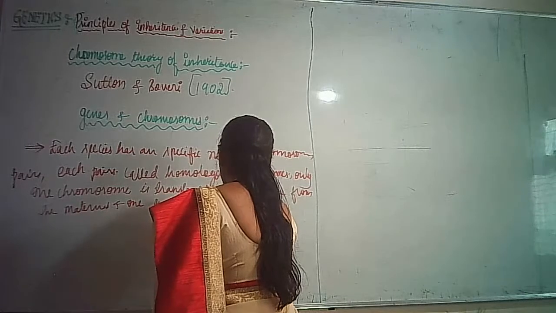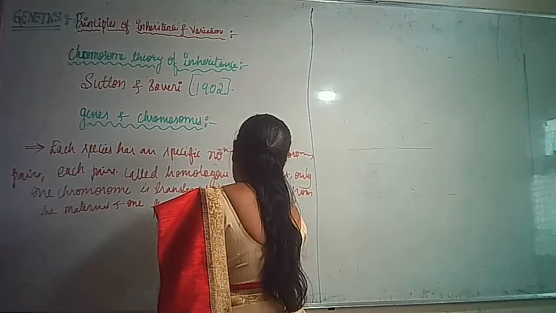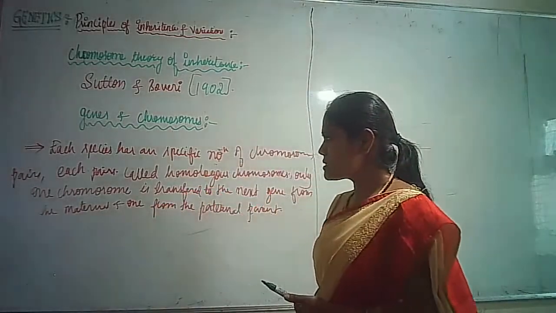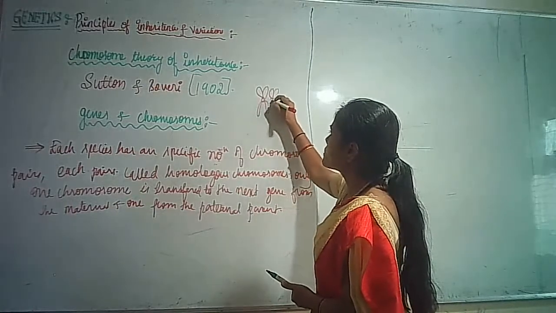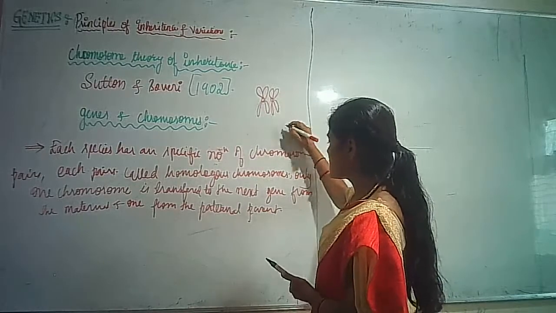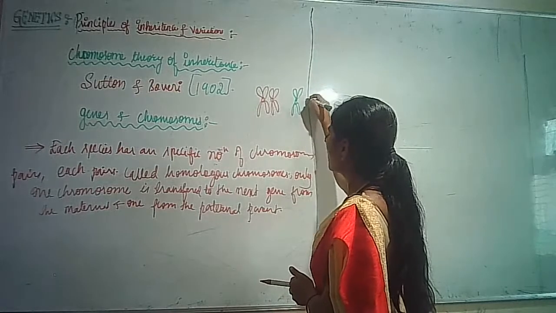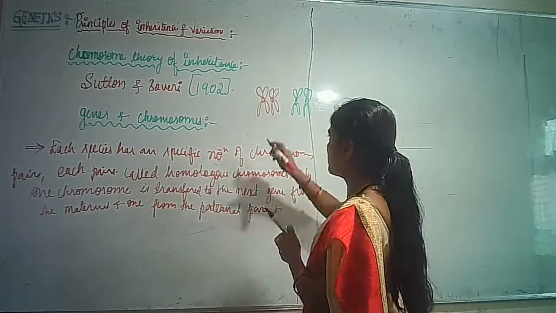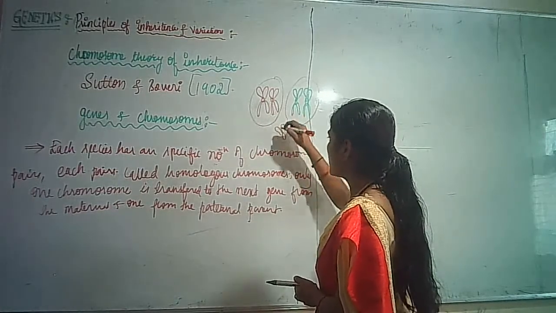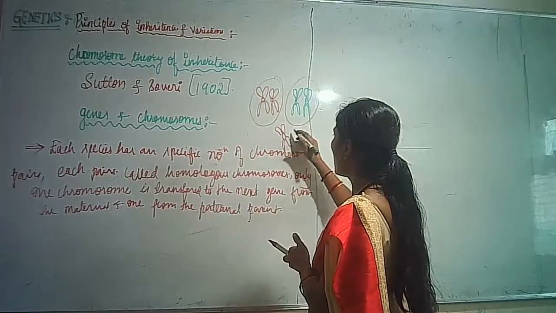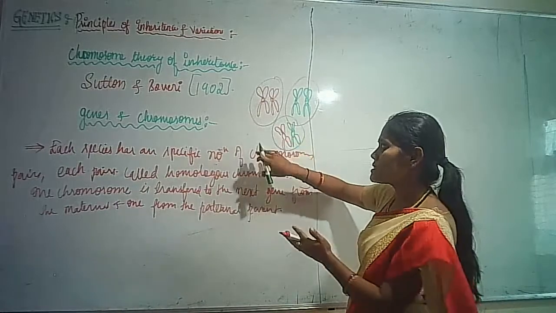So each cell is diploid, and the offspring receives two chromosomes. Suppose this is a maternal cell and this is a paternal cell. The offspring receives one from the father and another from the mother, isn't it? So the diploid condition is restored again.